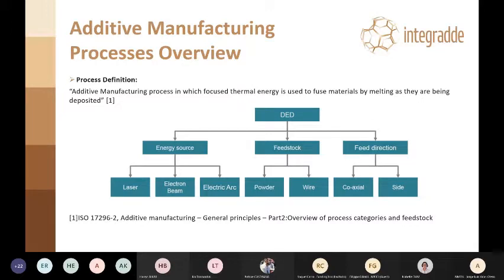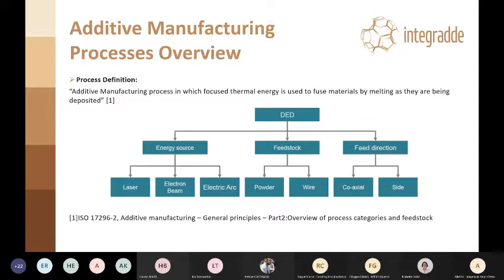So depending on the three main technology parameters, we can divide the energy deposition by the energy source, the feedstock, or the feed direction. Regarding the energy source, you can use a laser, an electron beam, or electric arc.